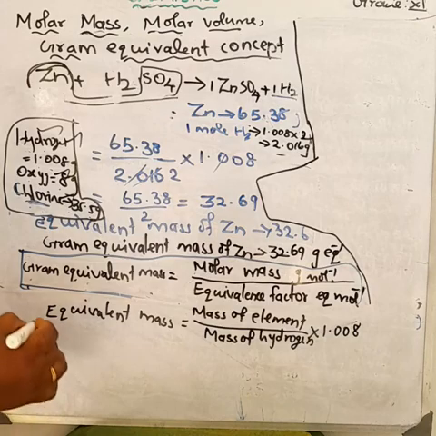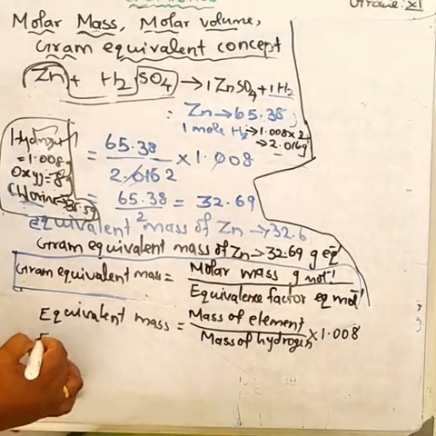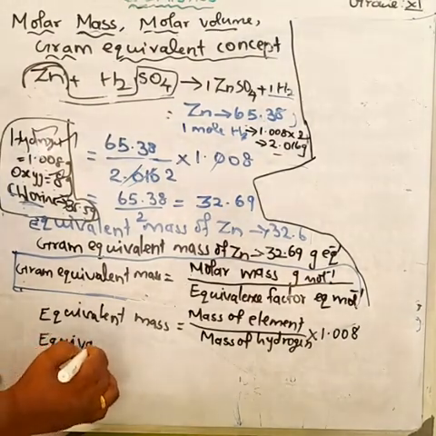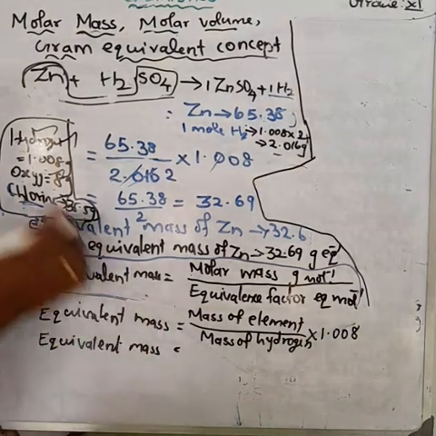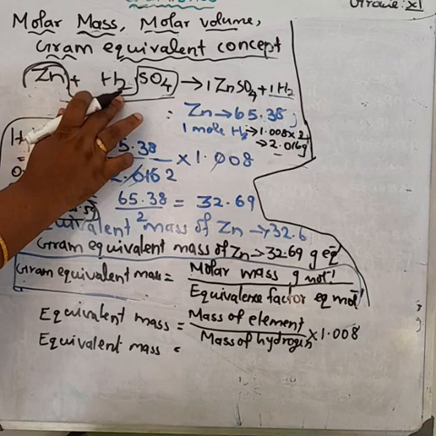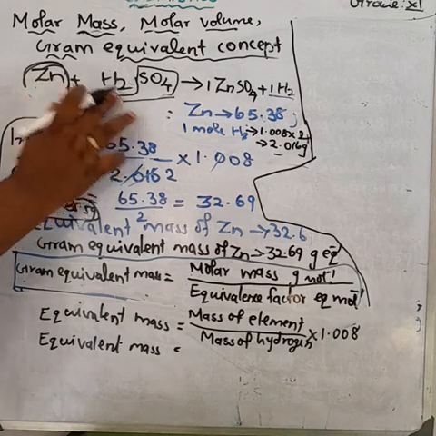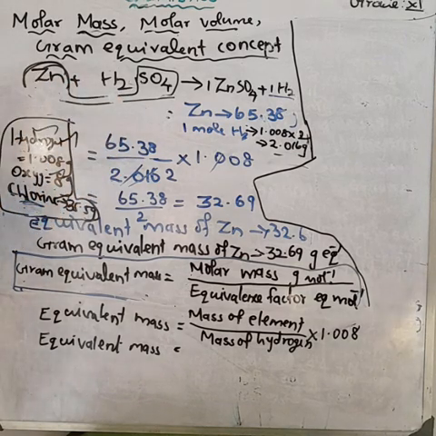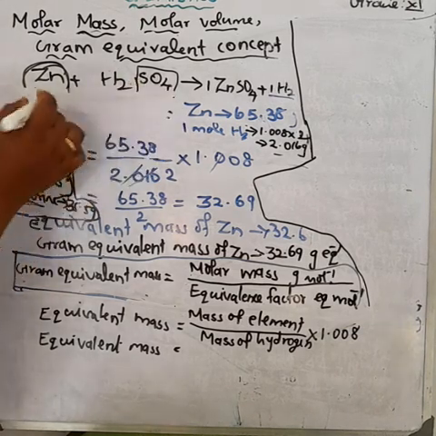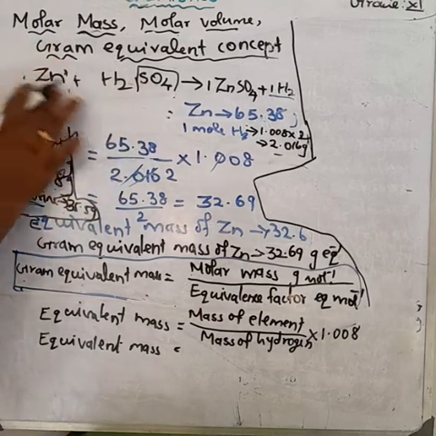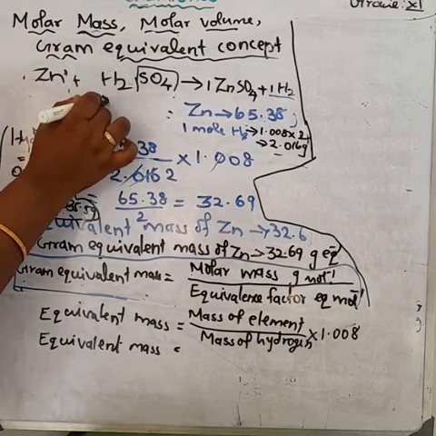Another formula, if you are displacing oxygen. In this reaction zinc displaced hydrogen. Suppose in another reaction an element displaces oxygen from another substance.